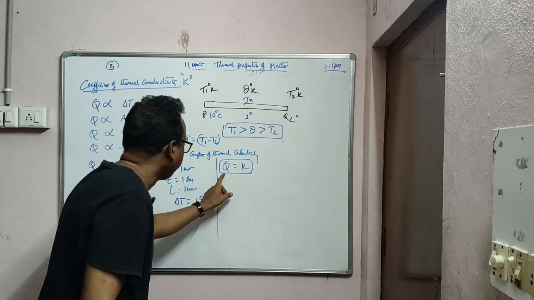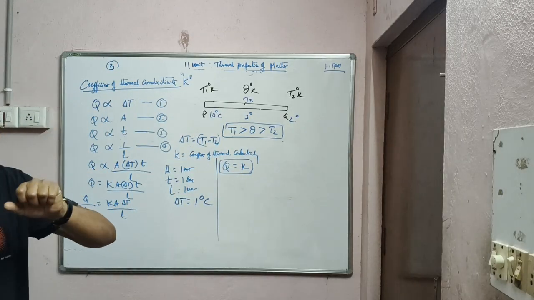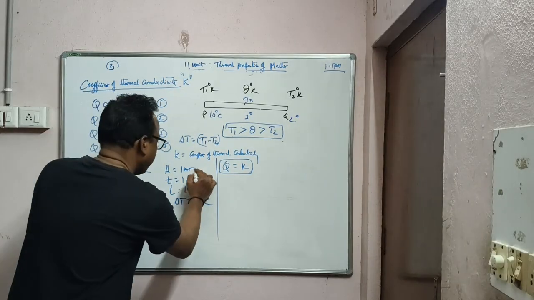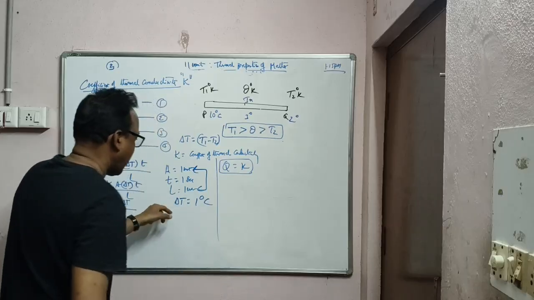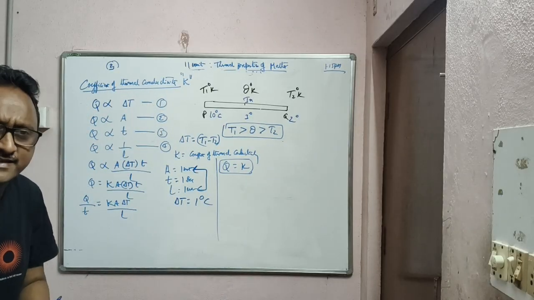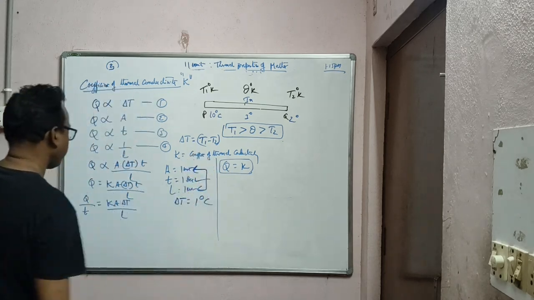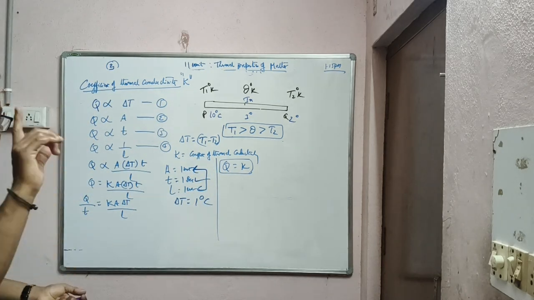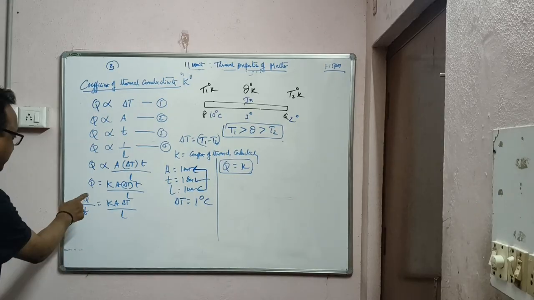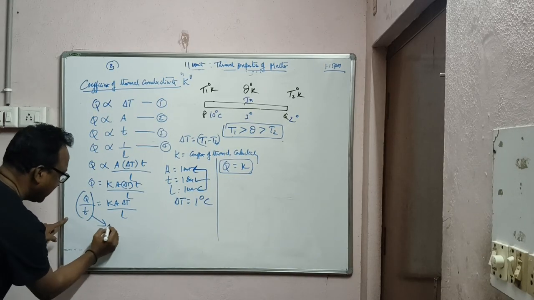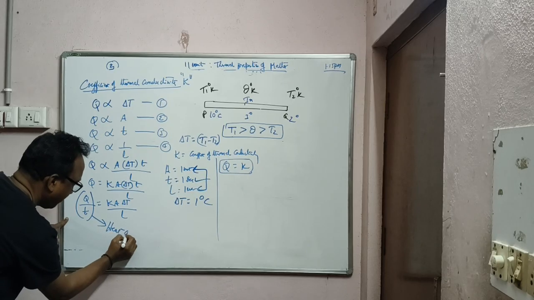Coefficient of thermal conductivity is the heat flowing in a conductor when the area of cross section and length are each equal to 1 unit, the temperature difference is 1 degree centigrade, over a time of 1 second. So that is the coefficient of thermal conductivity. Now see the interesting thing here. When you divide by time t, what does this become? Heat current or power.